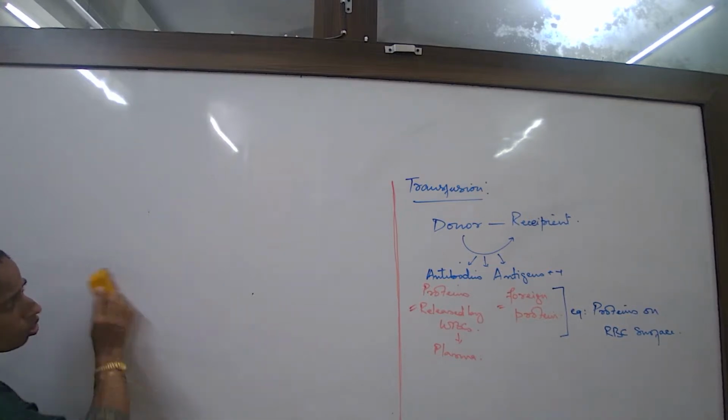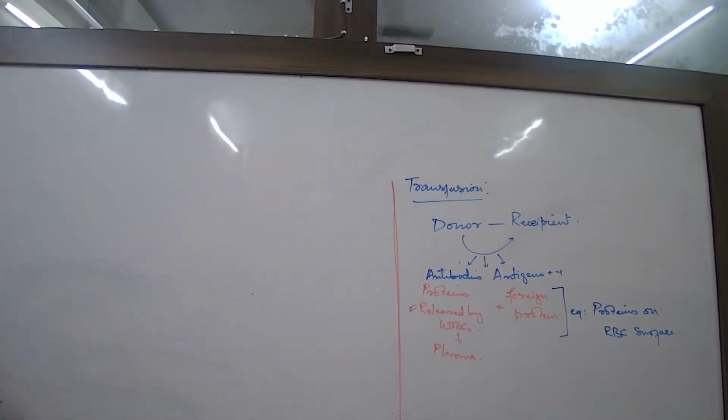Blood groups, based on the presence of all these proteins, etc. We can differentiate the blood type that we have into four main types. What are those blood types?